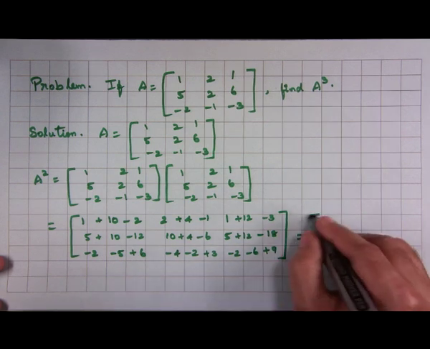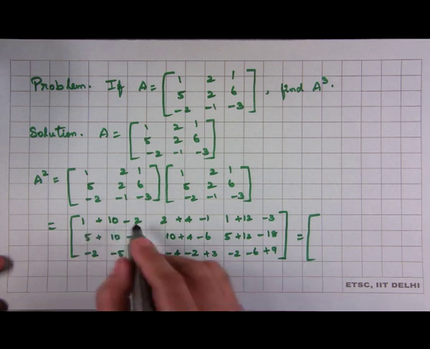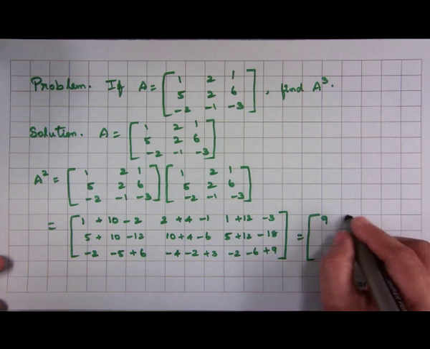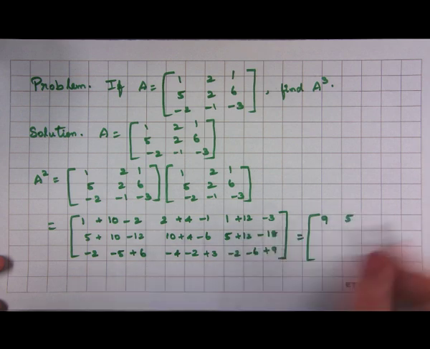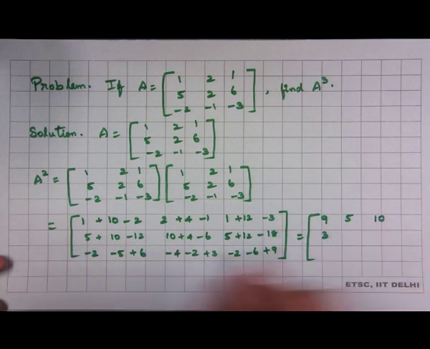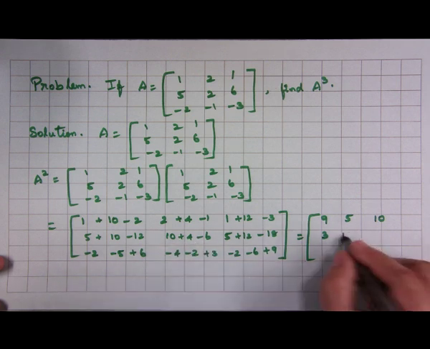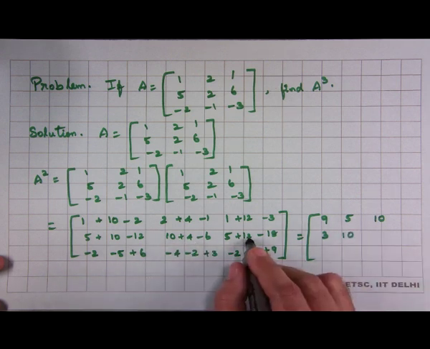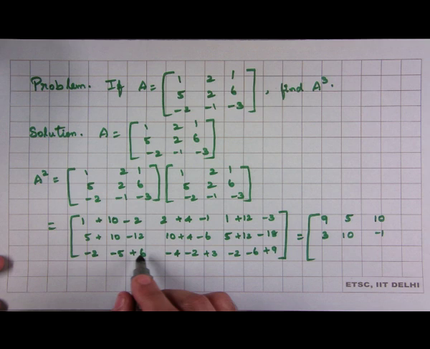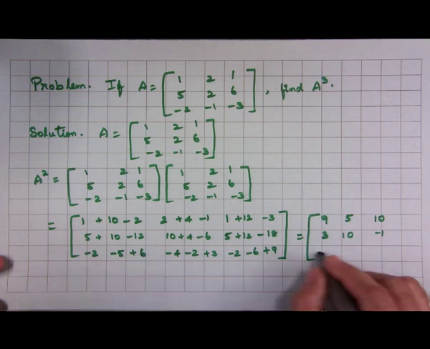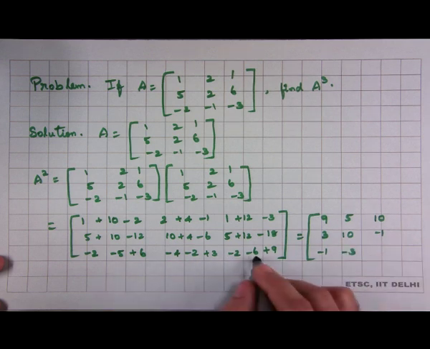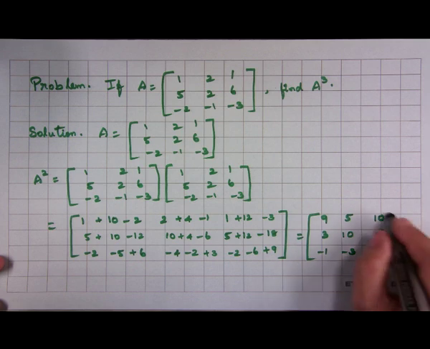Which will give me 11 minus 2, which is 9, 6 minus 1, which is 5, 13 minus 3, which is 10, 15 minus 12, which is 3, 16 minus 6, which is 10, 17 minus 18, which is minus 1, minus 7 plus 6, which is minus 1, minus 6 plus 3, which is minus 3, minus 8 plus 9, which is 1.